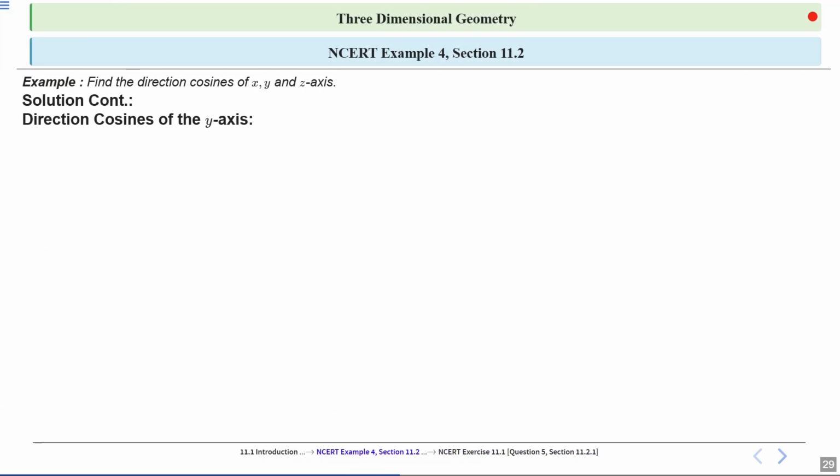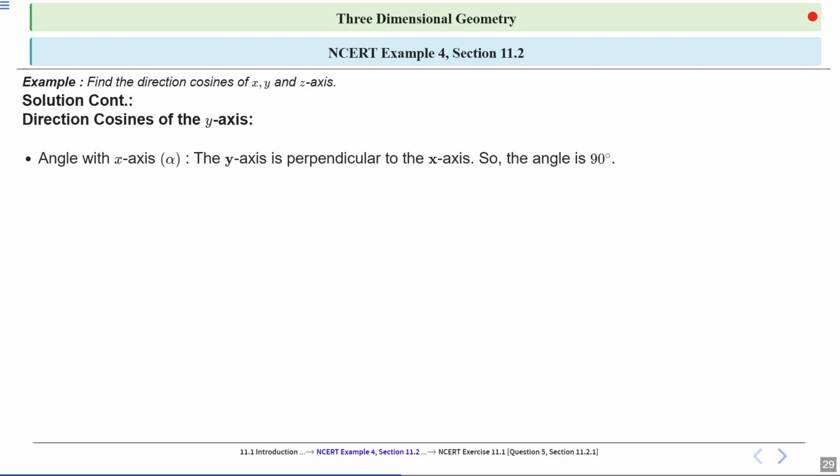Now, we will find direction cosines of the y-axis. First, let's consider the angle between the y-axis and the x-axis. The y-axis is perpendicular to the x-axis, so the angle alpha is 90 degrees. This means cosine of alpha is cos 90 degrees, which equals 0.